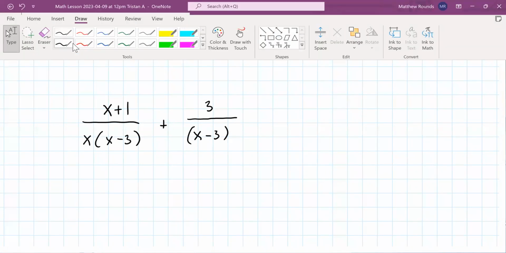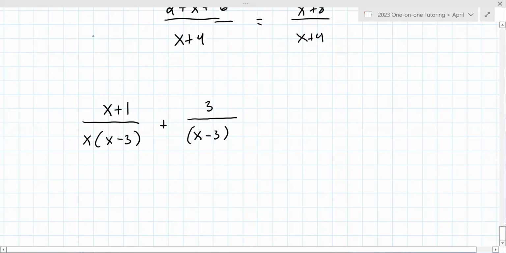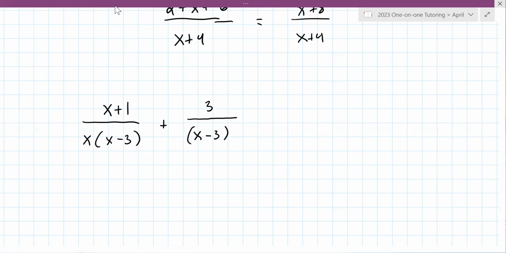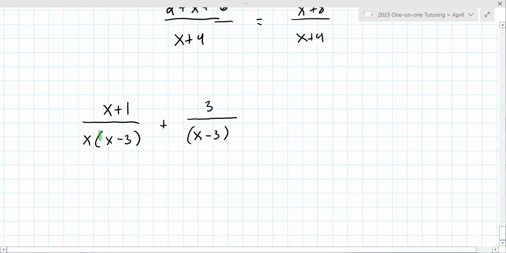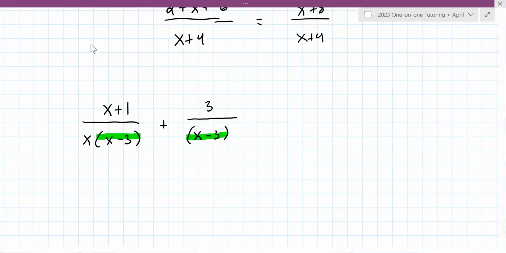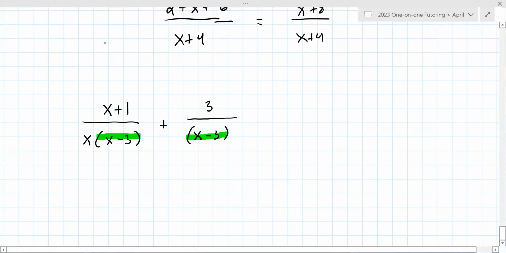What is the same or different about the bottoms? Right, x minus 3 is missing the outside x, I think. Okay. Do you remember us doing a similar problem earlier? Yeah. How did we make the bottoms the same? What did we do to make it so they were identical?